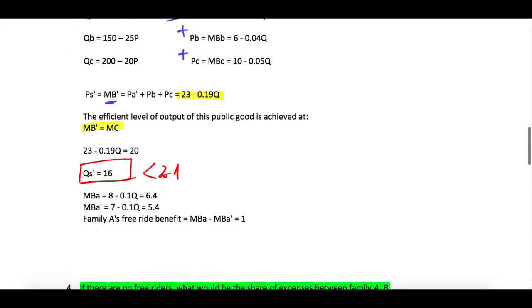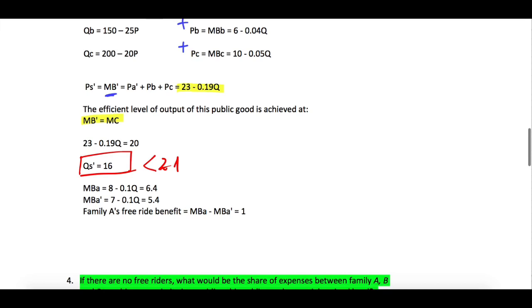Now we need to determine the free rider benefit that family A could receive by replacing this value into the demand curve of family A in two cases: when there is no free rider and when there is a free rider. When there is no free rider, MBA will be 6.4, and when there is a free rider, the benefit is only 5.4.